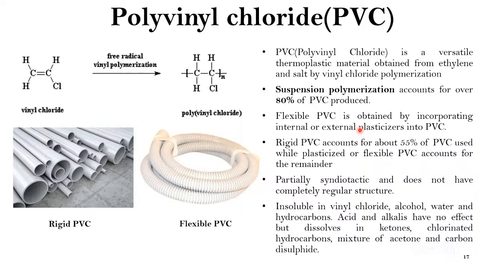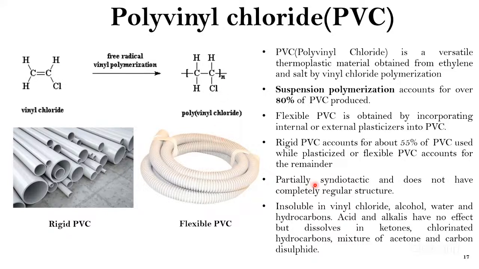External plasticizers are also there. Some of them can use fatty acids, meaning plasticizers you can get from the oil industry, and they are generally used as external plasticizers also. If I talk about this PVC, as this is also a vinyl polymer, it can be formed as atactic, syndiotactic, and isotactic.